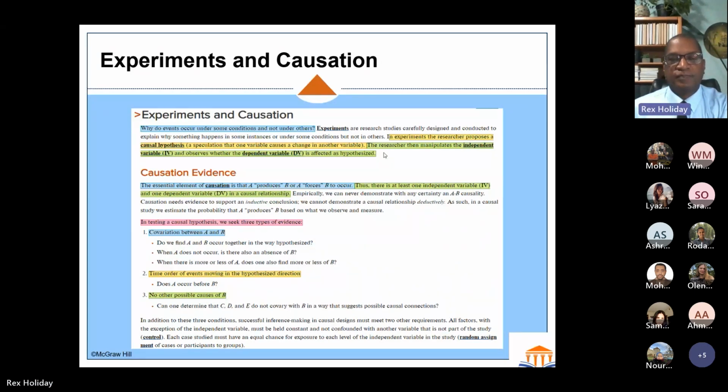And it's believed that it can change and assign different levels or conditions. And the dependent variable is basically the main factor on which the experiment is totally dependent, and which really affects the outcome of the experiment.